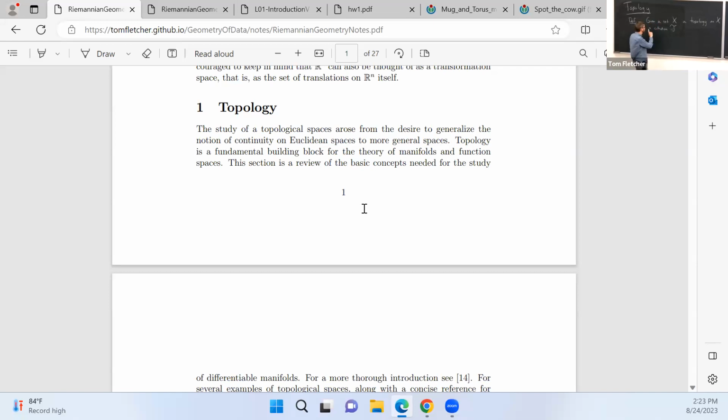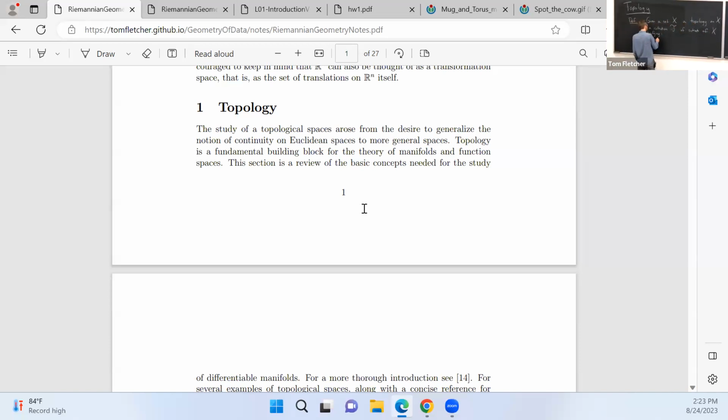So a topology on X is a collection called script T of subsets of X that satisfies three rules.